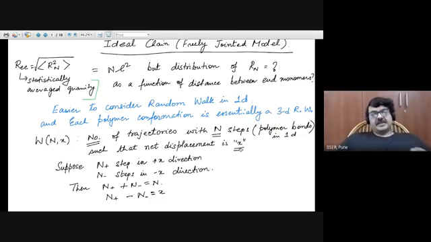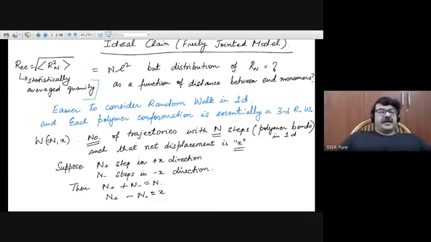So for a particular net displacement x, or a particular end-to-end distance, you can have various kinds of random walks with the same displacement x, or various conformations with the same end-to-end vector R_N, which corresponds to one particular end-to-end vector.